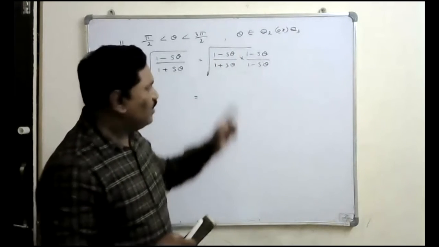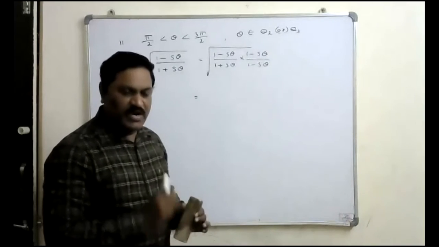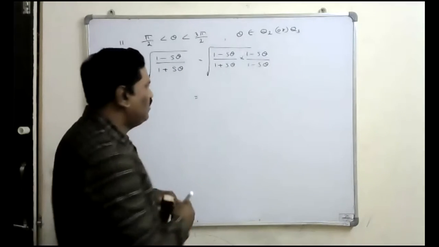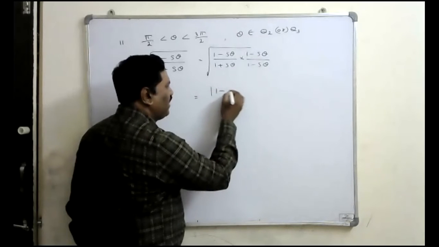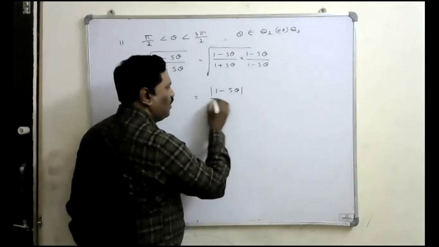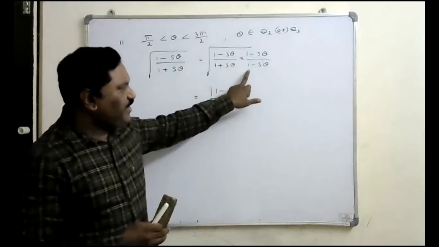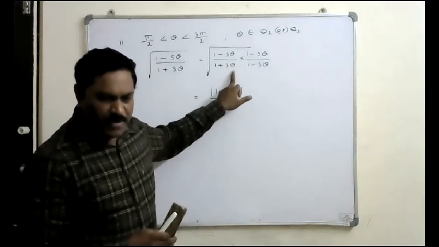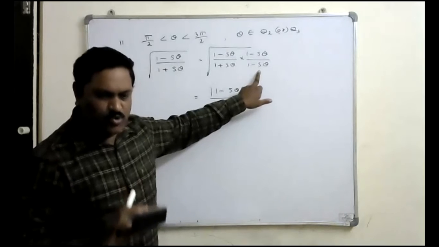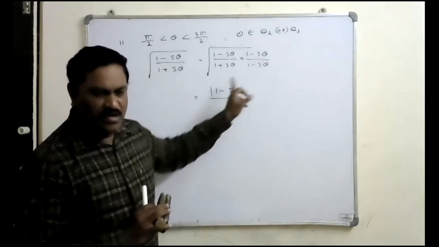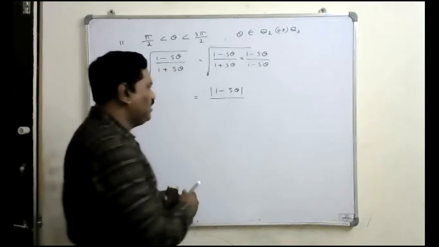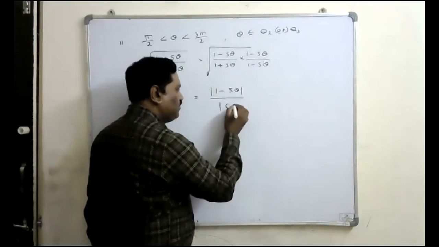So root over 1 minus sine theta whole square is mod 1 minus sine theta, upon 1 plus sine theta into 1 minus sine theta. If you multiply these two, you will get 1 minus sine square theta, which is cos square theta. Under root cos square theta is mod cos theta.